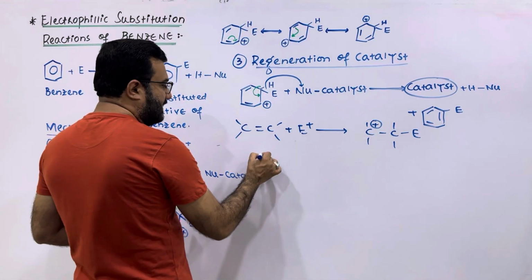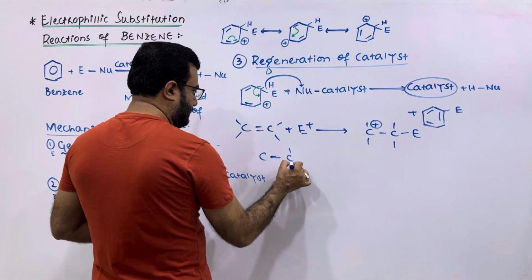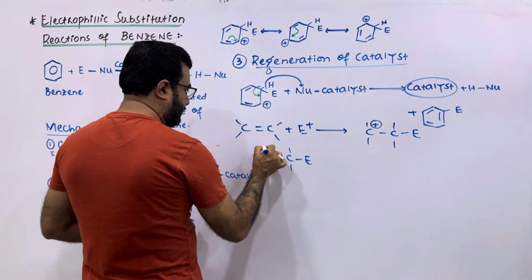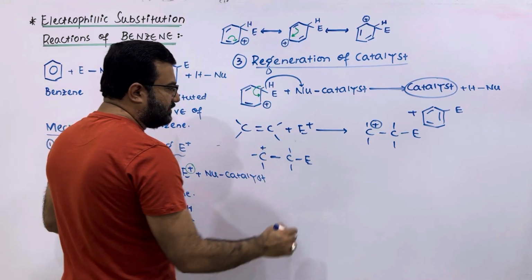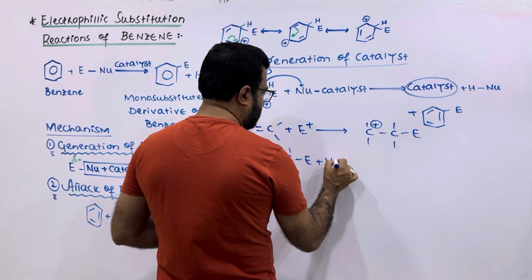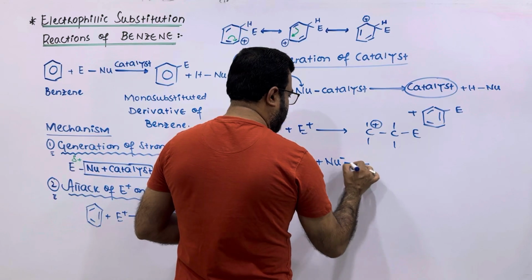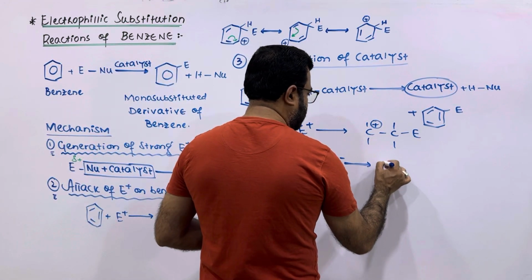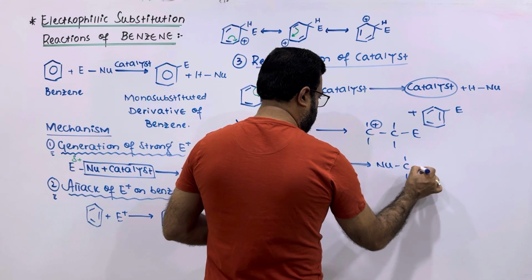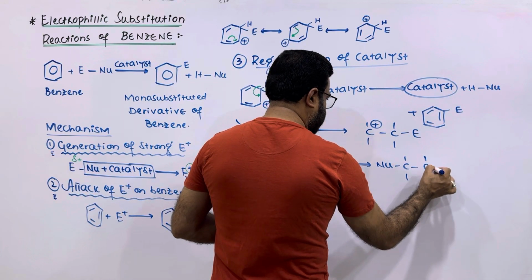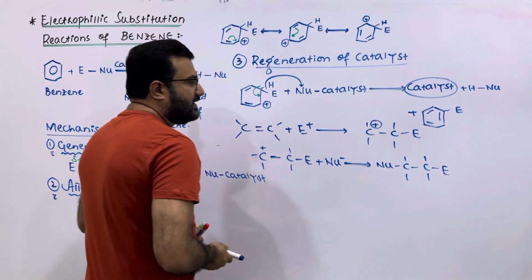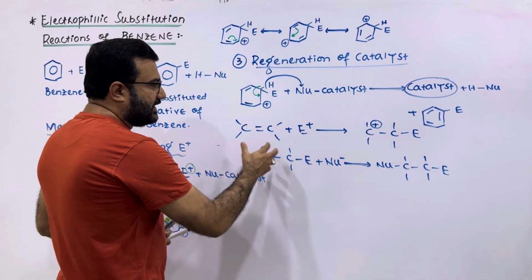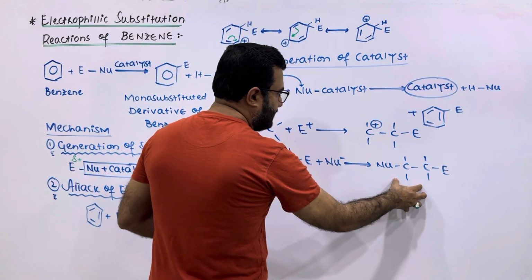And in the next step, this carbonium ion is easily attacked by some nucleophile. As a result of this addition reaction, this unsaturated molecule is changed to the saturated product.